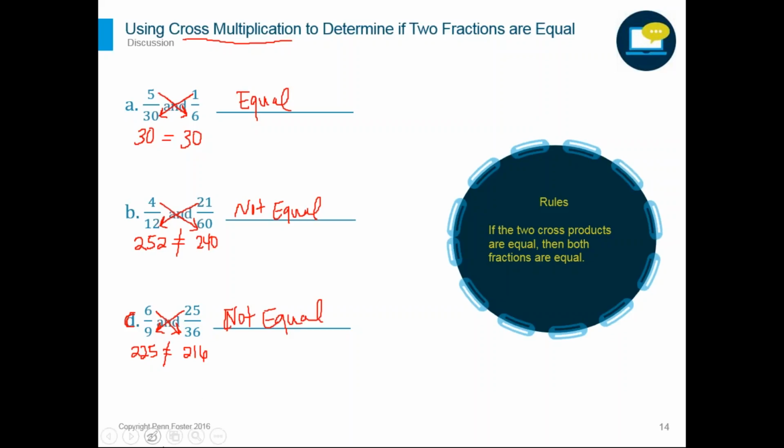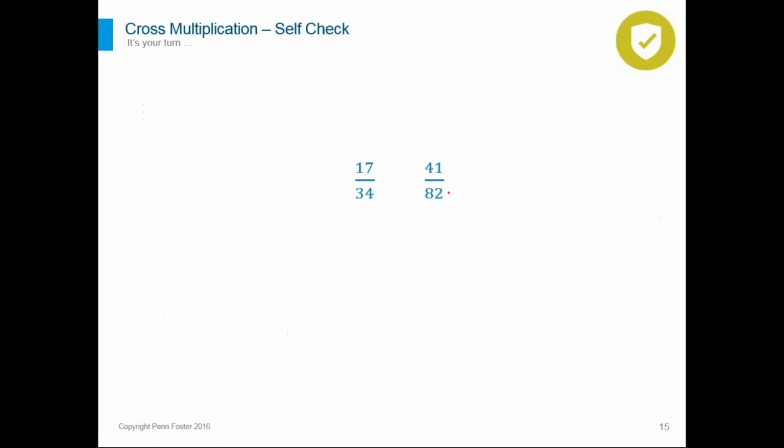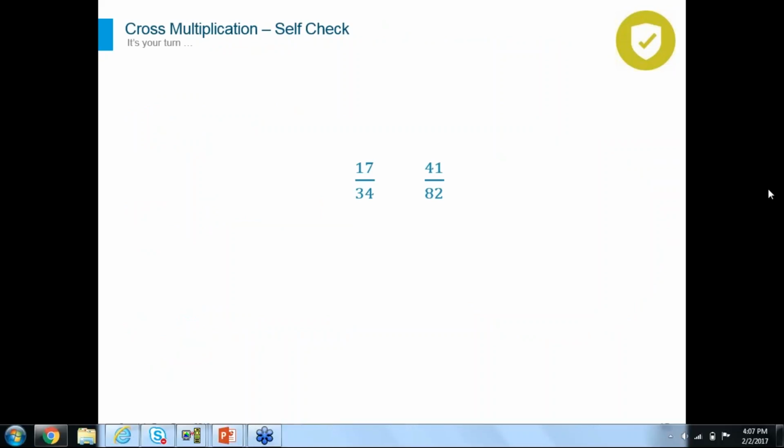Let's have a self-check question just to make sure that you got the idea and you can do that yourselves. And here is the question. 17 over 34, is it equal or not equal to 41 over 82?